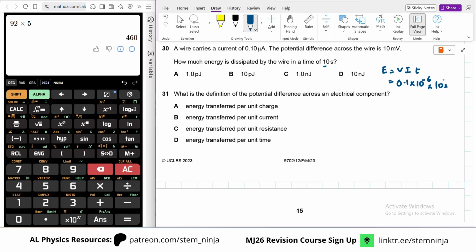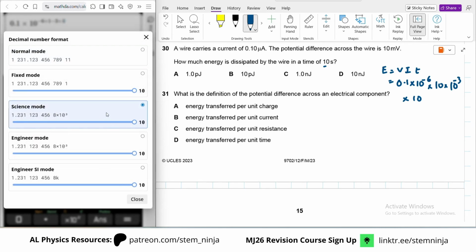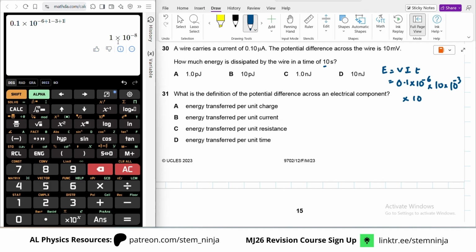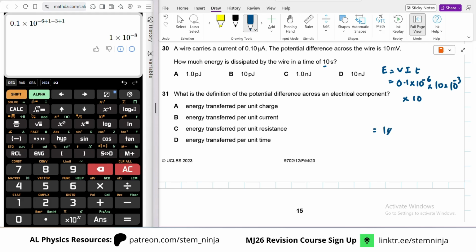And times by 10. So 0.1 times 10 raised to power minus 6 plus 1 minus 3 plus 1. Let's convert it into this form: 1 times 10 raised to power minus 8.